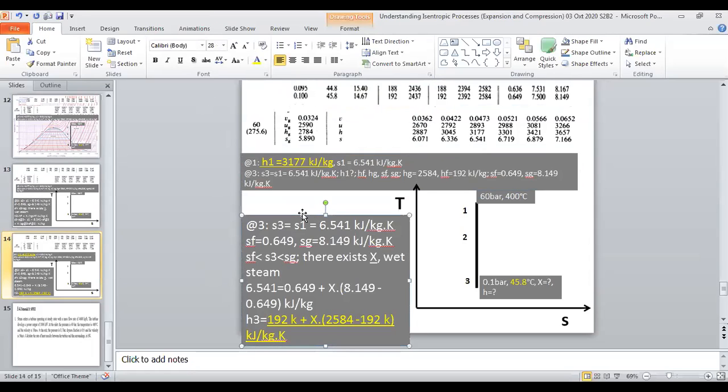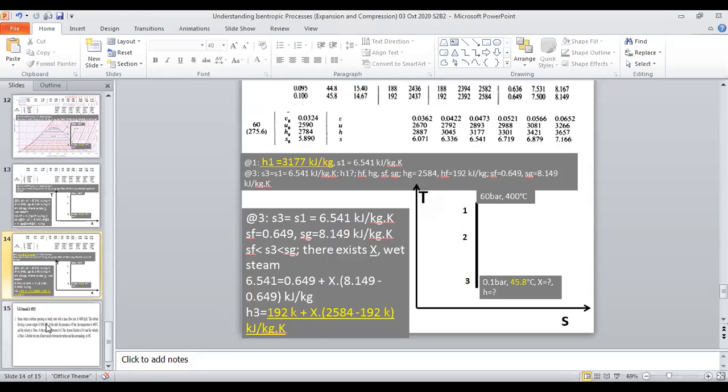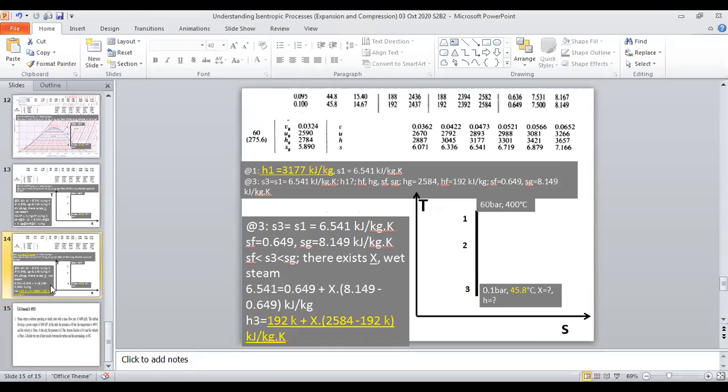But you have the X value also here. You can have the X value. So it is quite interesting, and it is quite easy, this one.